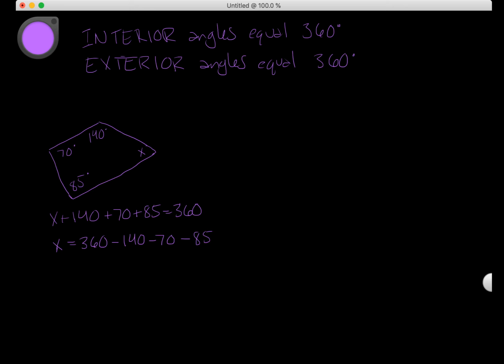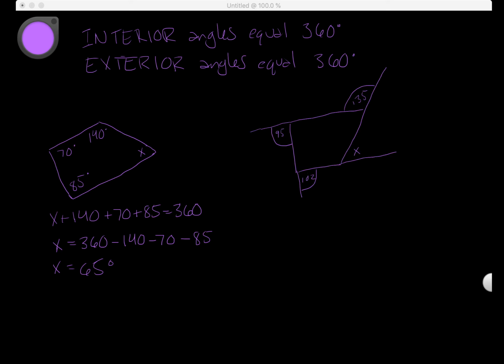When we take 360 minus 140 minus 70 minus 85, we should have x equals 65 degrees. That makes our quadrilateral because all of those angles are going to equal 360 degrees. Let's do another example.